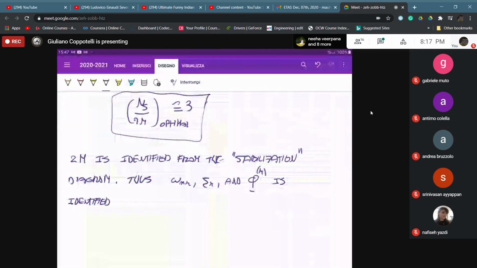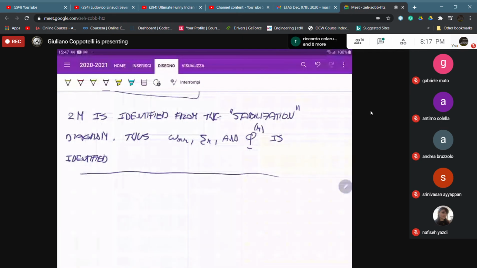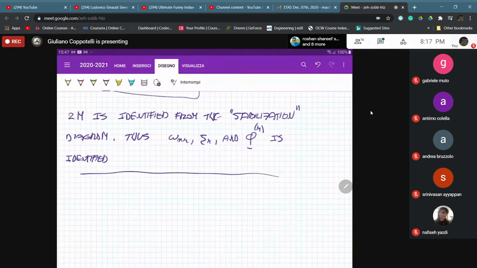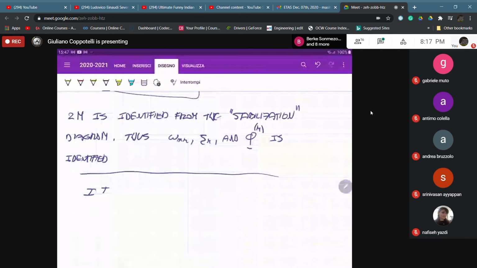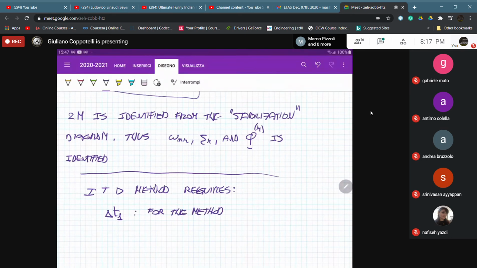So, by the way, we can synthesize the Ibrahim time domain method: it requires a delta T1 in the base formulation.